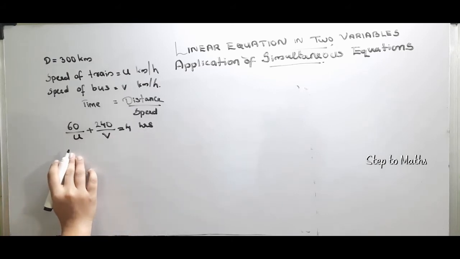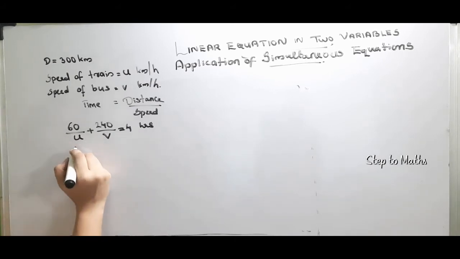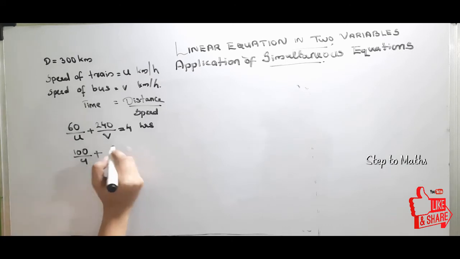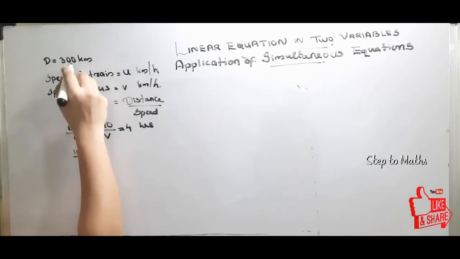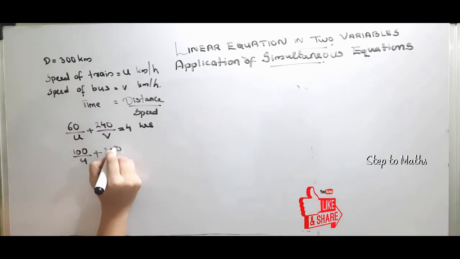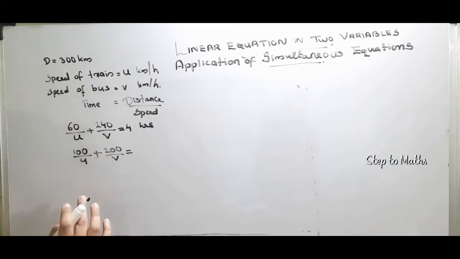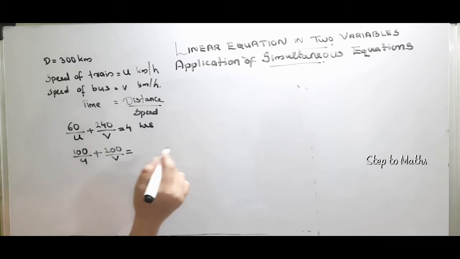If she travels 100 km by train and remaining by bus, that is 100, total is 300, so 200 by bus, she takes 10 minutes longer.